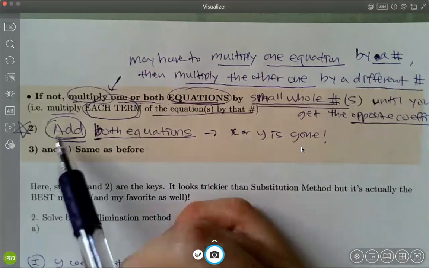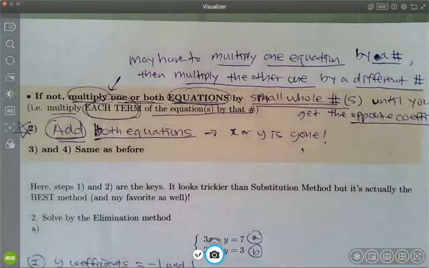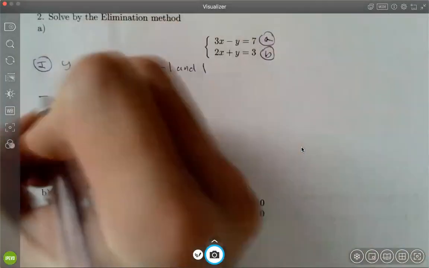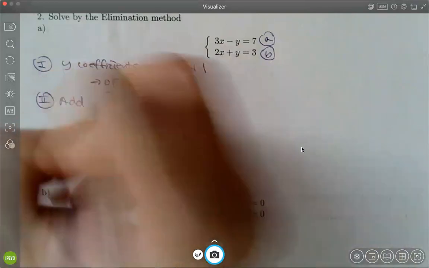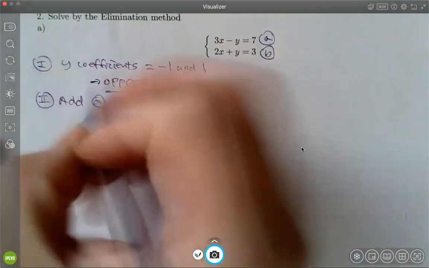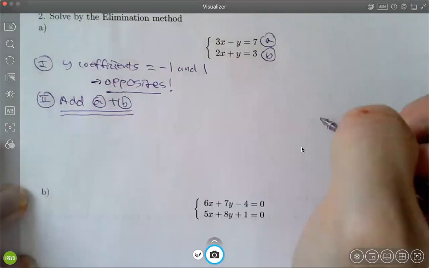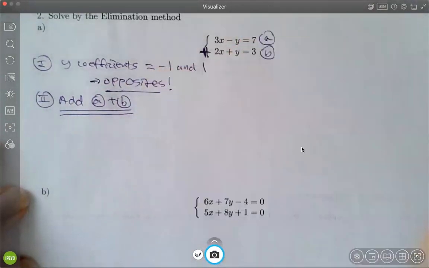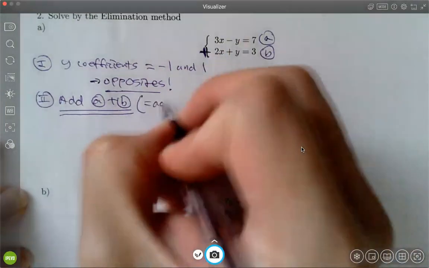Because we already got the opposite coefficients. So now what do we do? Add 2 equations. So what does that mean? Add A and B. So here will be this big addition sign outside, and then you add vertically.